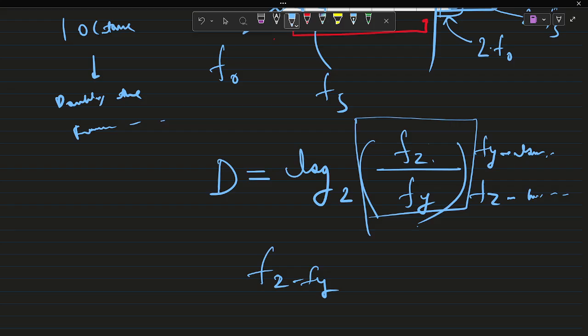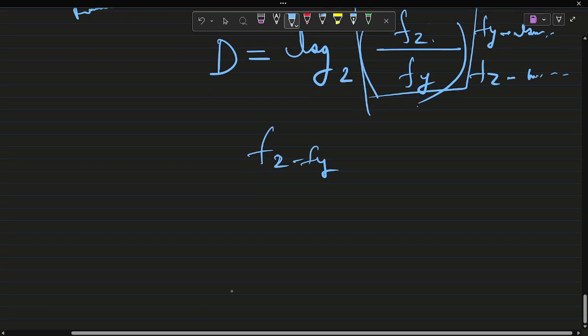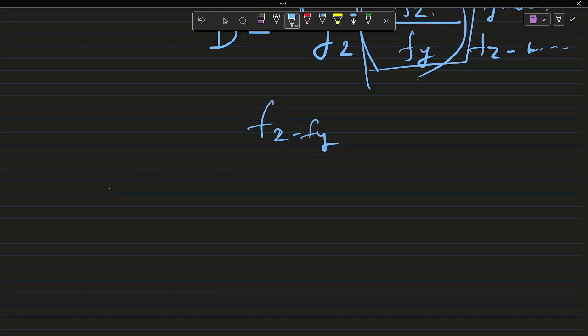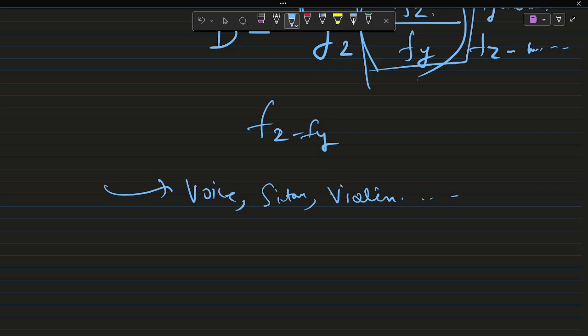So from the definition of cent, it is clear that our voice, or some Indian instruments like sitar, or you can take the violin. I'm not sure whether violin is an Indian instrument or not. Just take the example of sitar, violin.